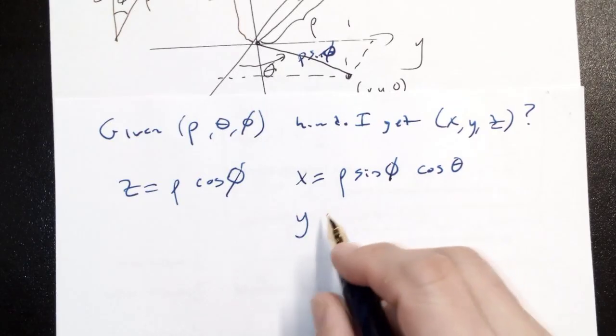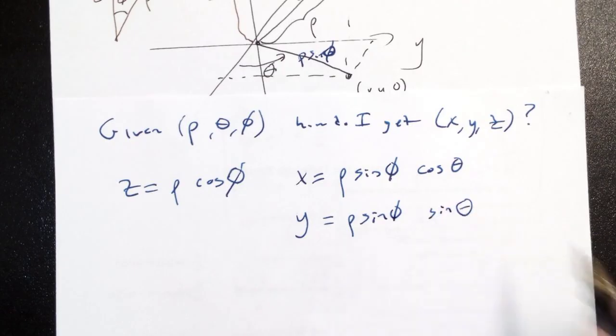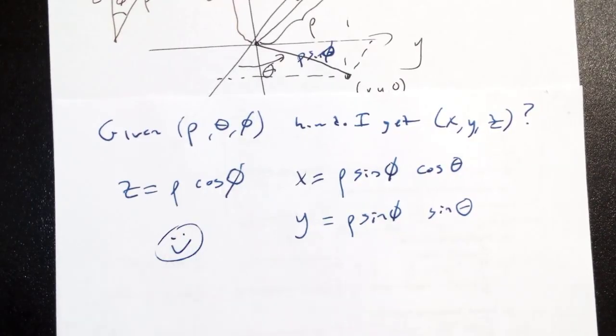And y is rho sine phi sine theta, r sine theta. But I had to figure out the r from the z rho phi triangle. So if I give you x, y, z, you can now find rho theta phi. And if I give you rho theta phi, you can find x, y, z.